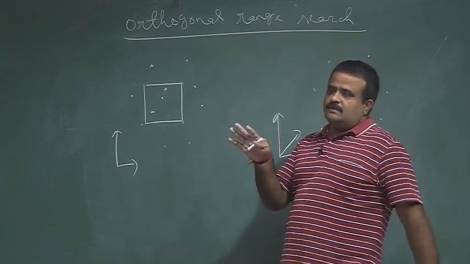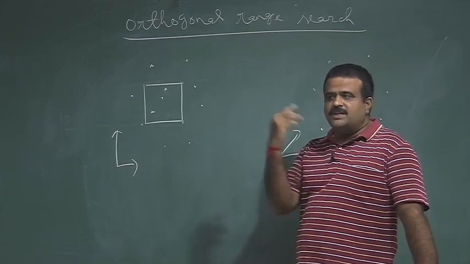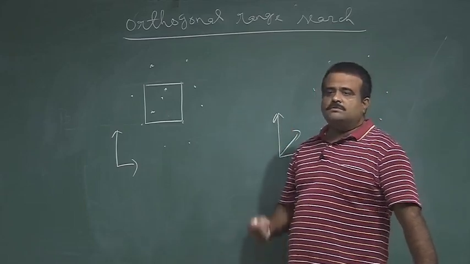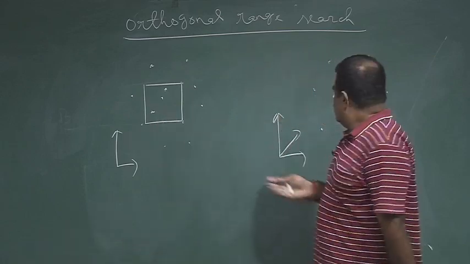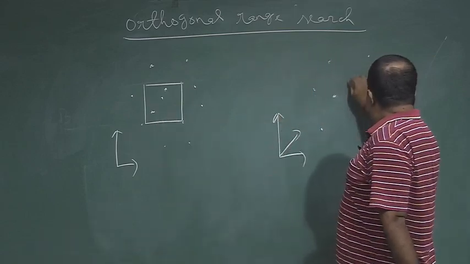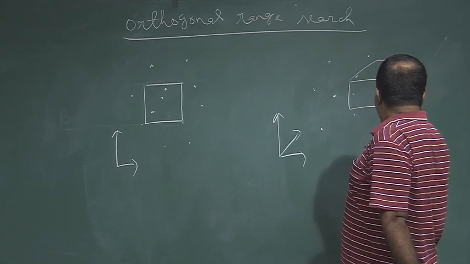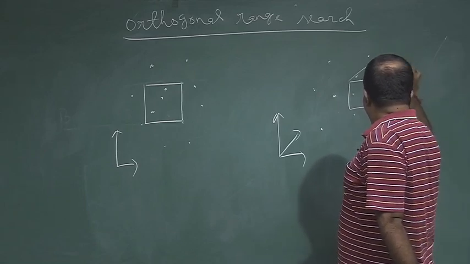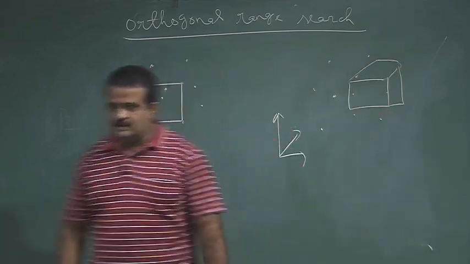Is there any point in this rectangle? This is one query. How many are there? We have to output all the points which are in the rectangle. In 3D, this is a box. Orthogonal means it is parallel to the axes.